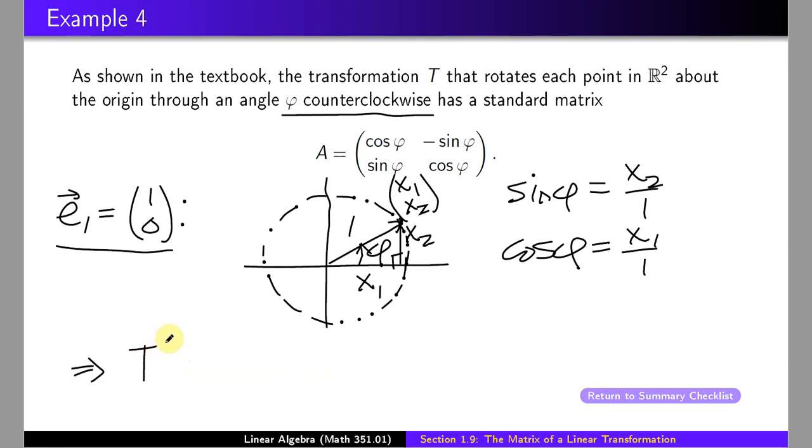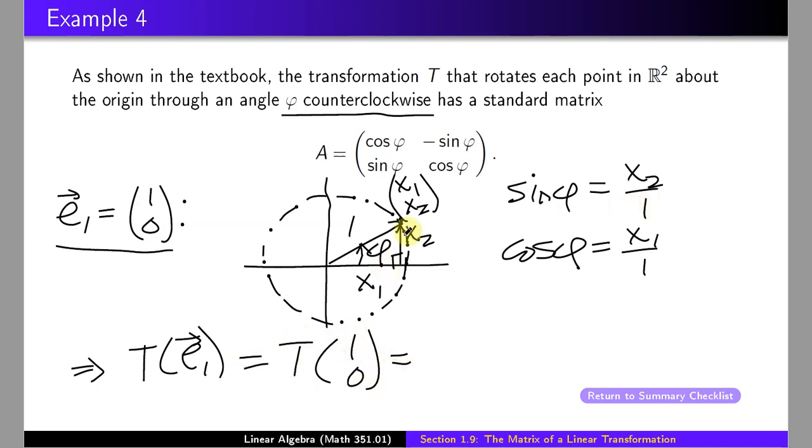so here's what we found. We found that T of e1, where the transformation T is going to rotate any vector through an angle phi. We'd like to first figure out what happens to e1. Okay.